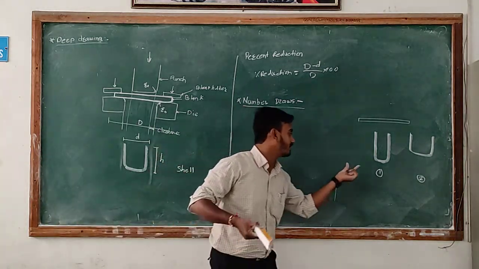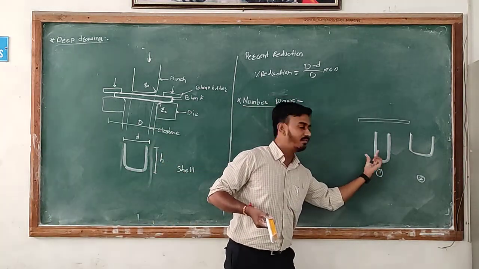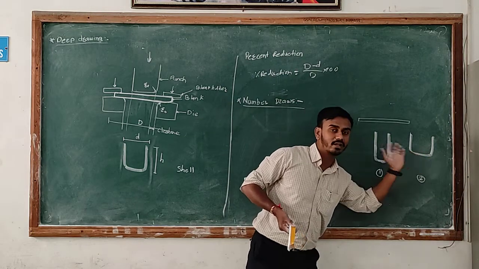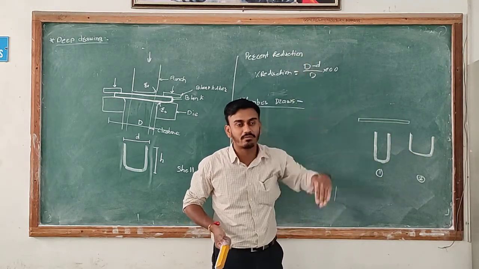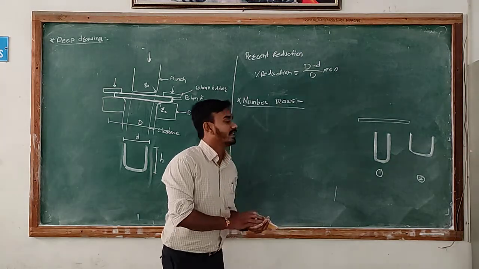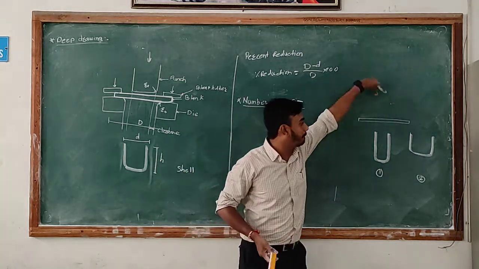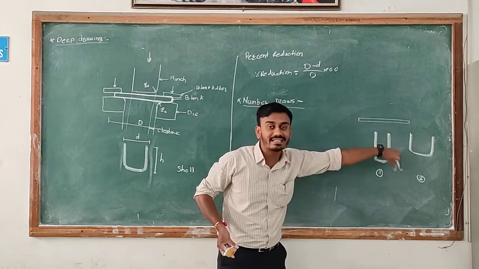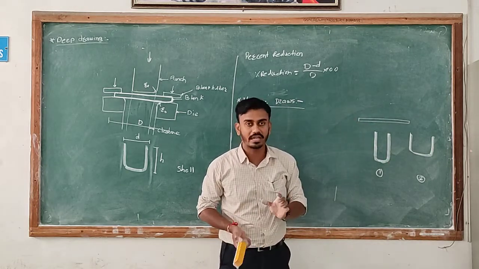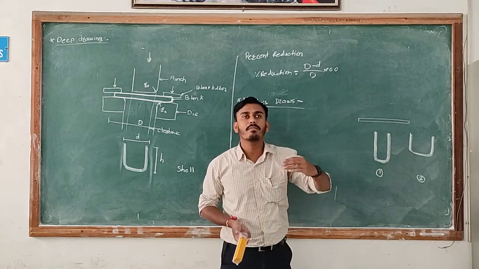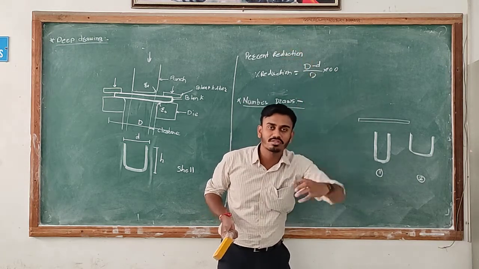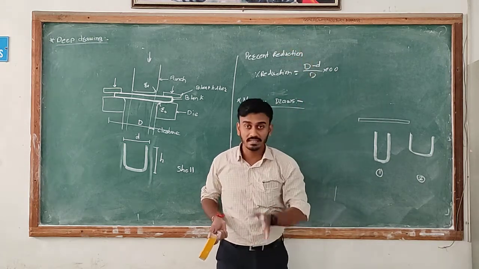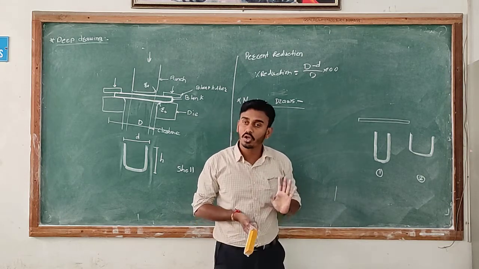Number of draws means the number of times force is applied. What is meant by draw? When we apply the force on a punch, it will move inside the cavity of the die. So how many times will that punch apply the force to get the desired output? This is called the number of draws.